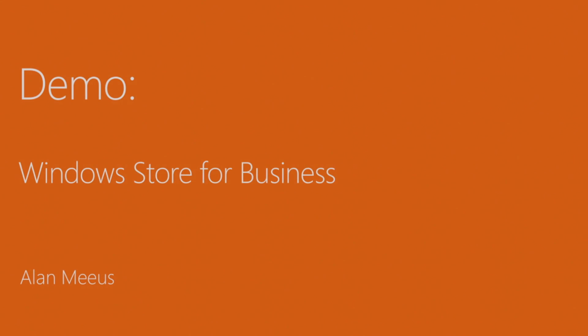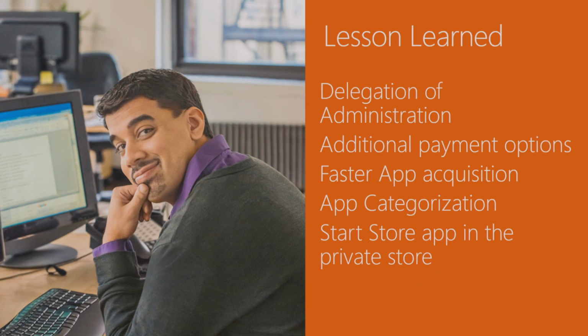I did the store demo. So we're working on some additional things for the store for business, more elements for delegation. You want to be able to delegate, certainly in larger and complex organizations that are globally structured. At this point in time, for applications that need to be paid for, we only have credit cards, and that's not acceptable for a lot of customers, right?